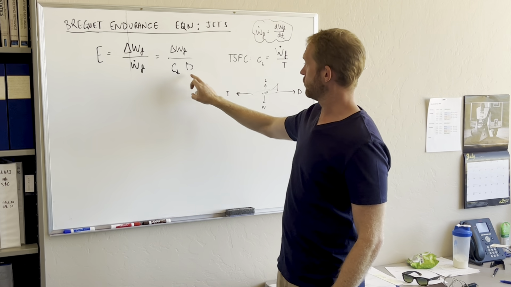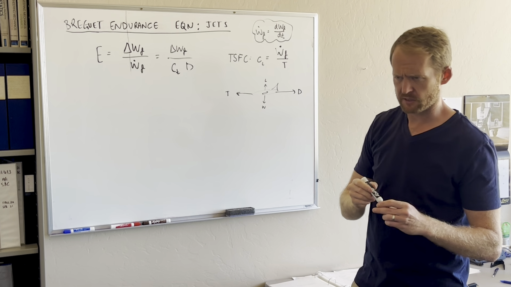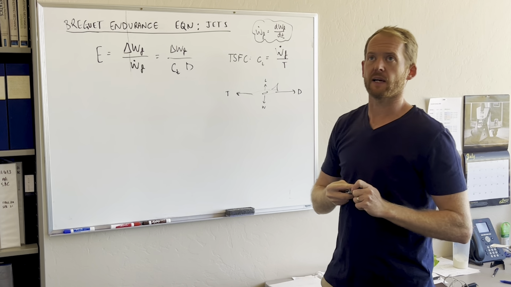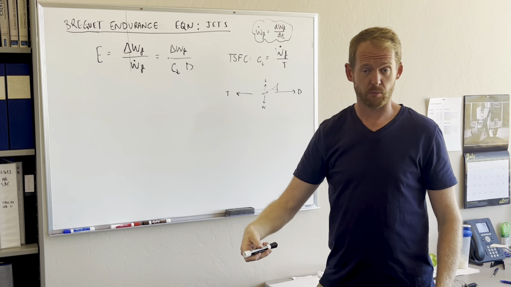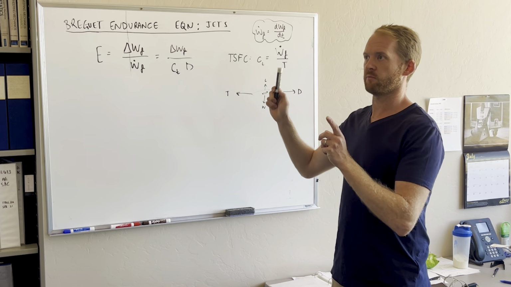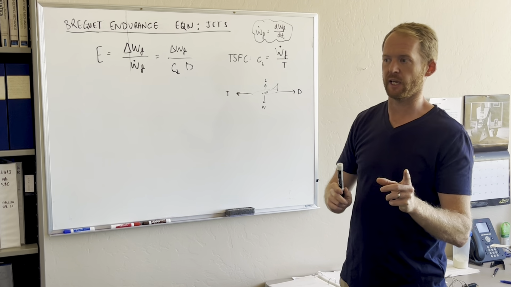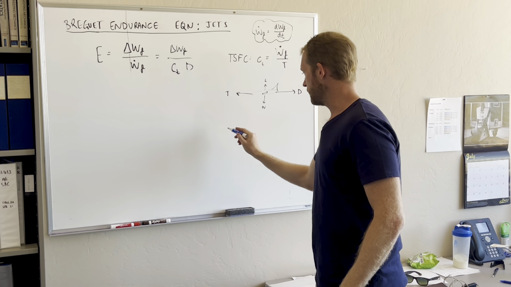The problem with the average value method, this formulation right here, is that it doesn't take into account the fact that as the weight of the aircraft reduces as we burn fuel, the speed that we should trim at in order to achieve maximum endurance should also change. And that comes from just basically looking at the lift equation.